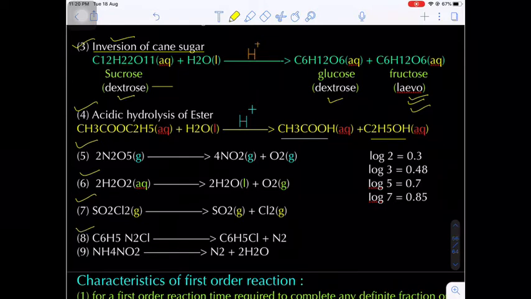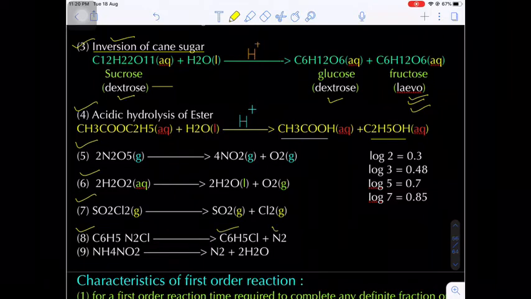Next, benzene diazonium chloride decomposes to give chlorobenzene and dinitrogen gas, and ammonium nitrate decomposes to give nitrogen gas and H2O. So these are some important examples regarding first order kinetics.